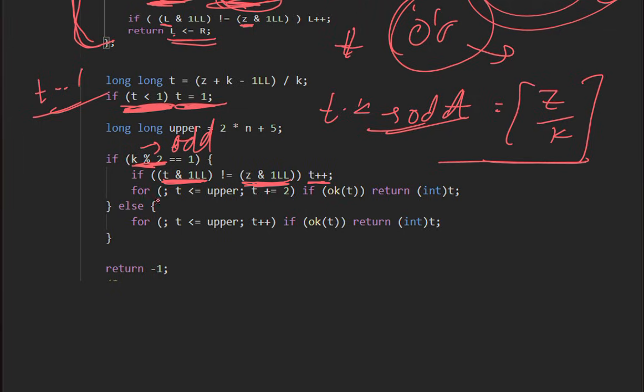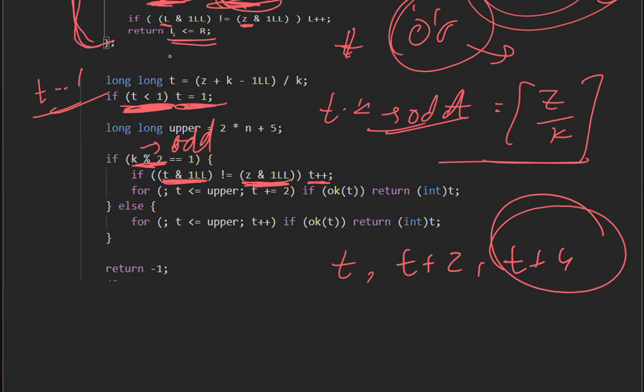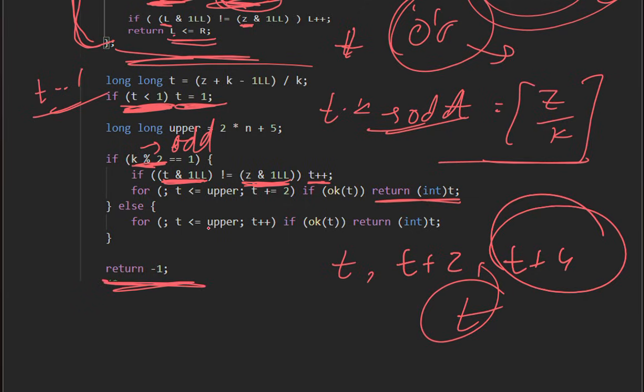But if their parities are equal, then we'll check for t, then t plus 2, then t plus 4, until we get an okay from this function. If for some t we get our answer, then we'll be returning that t. And if none of the t is possible, then we'll be returning -1.